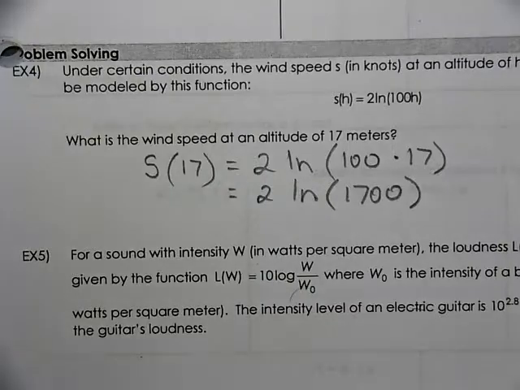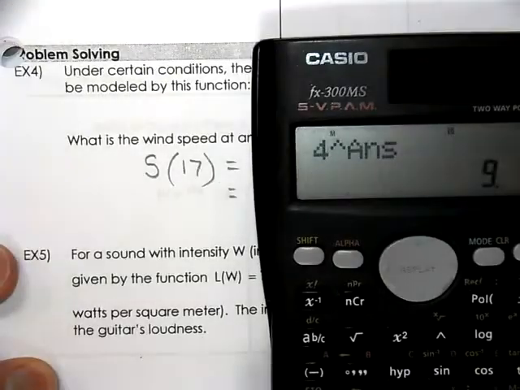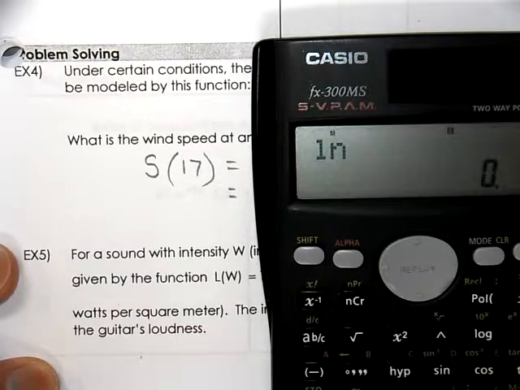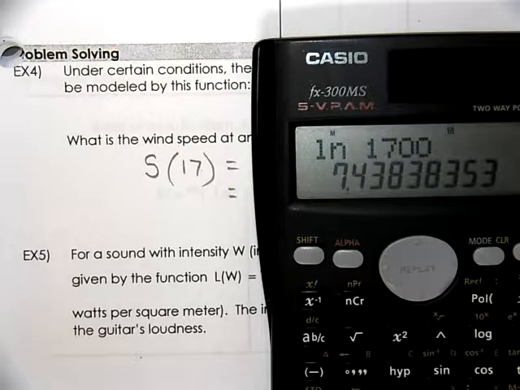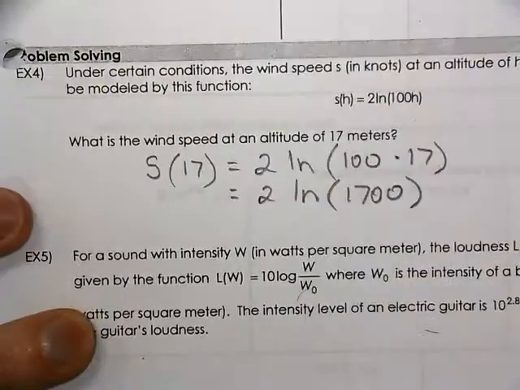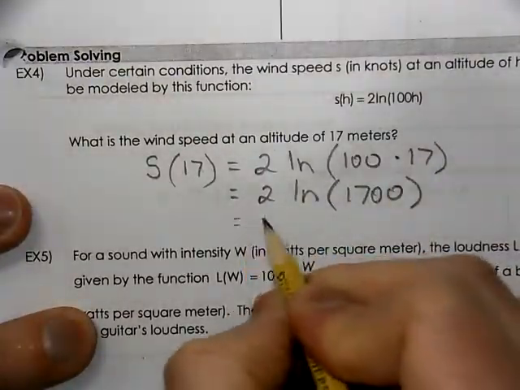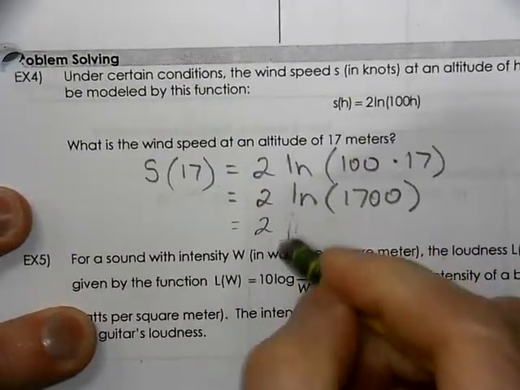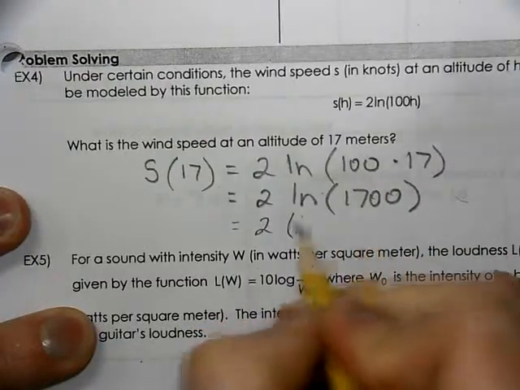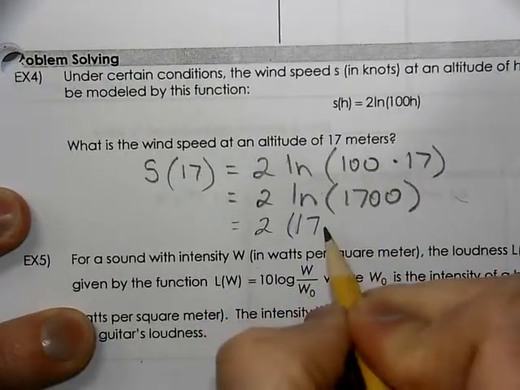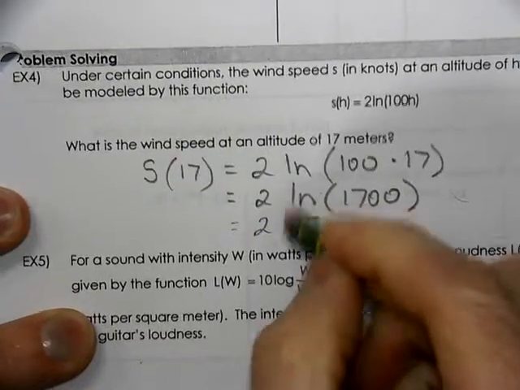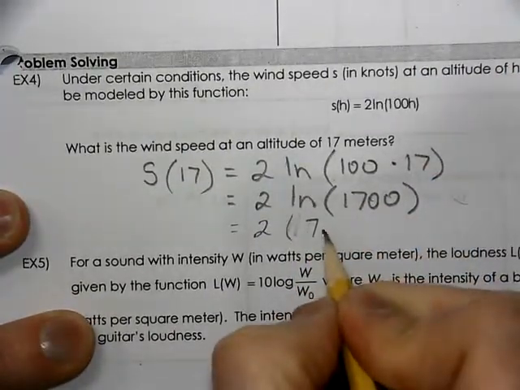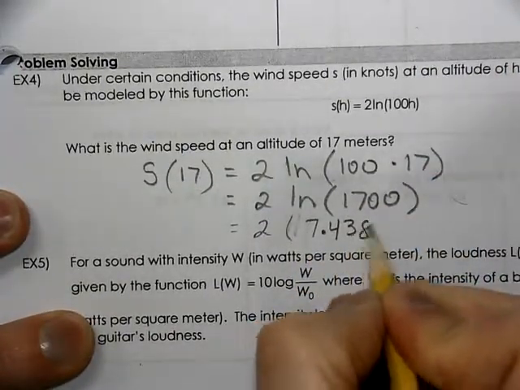And when we do the natural log of 1700, we get this 7.438. So the natural log of 1700 is 7.438.